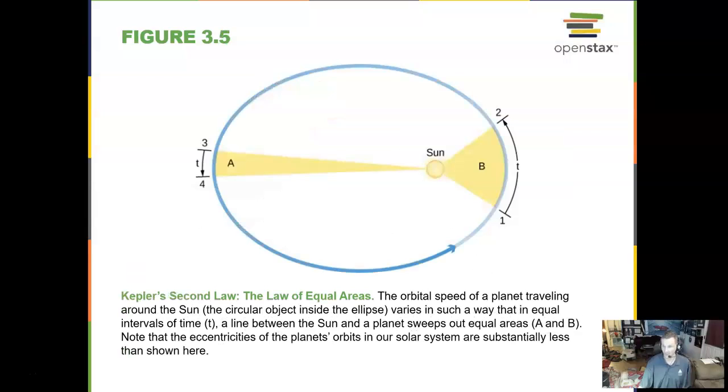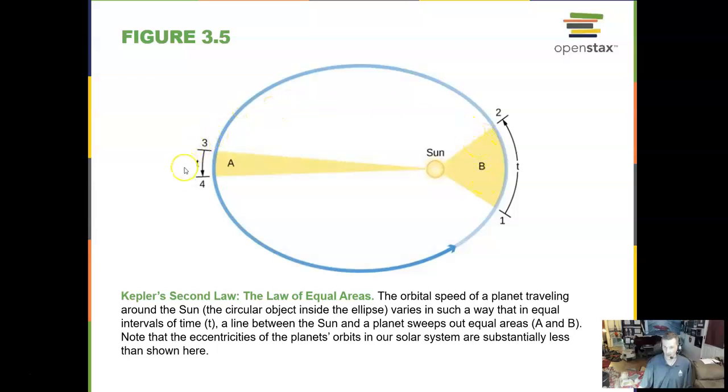Kepler's second law, I like to call the pizza law, and here's why. We can draw out an orbit here on side B, and let's say that takes 1 month to occur.